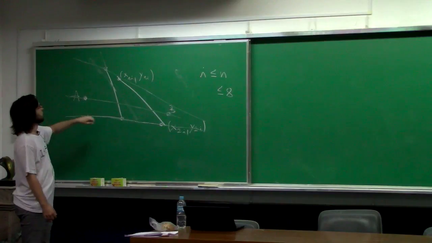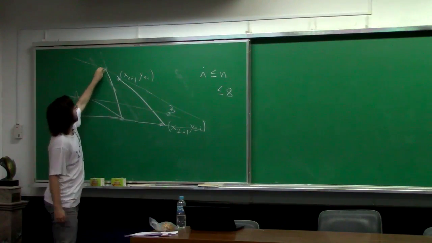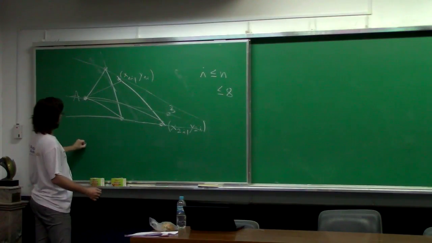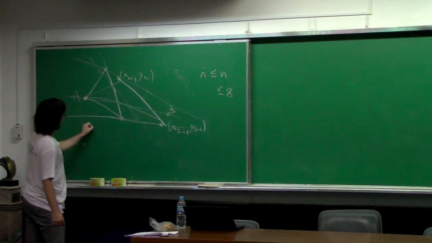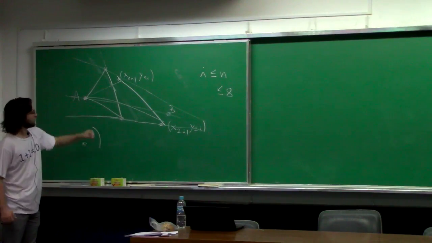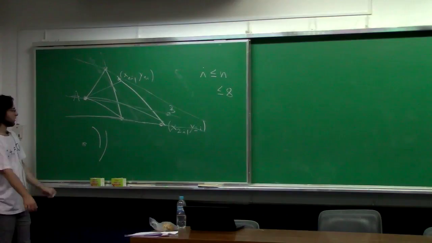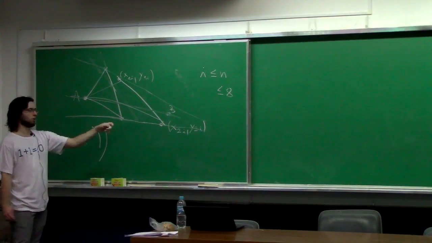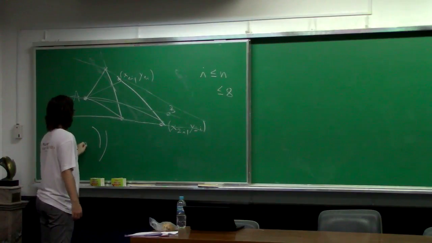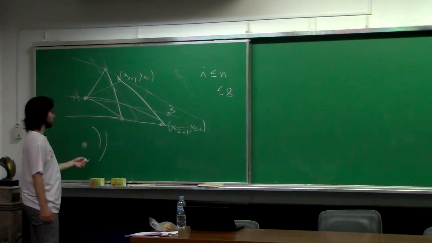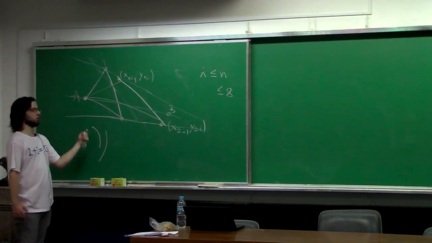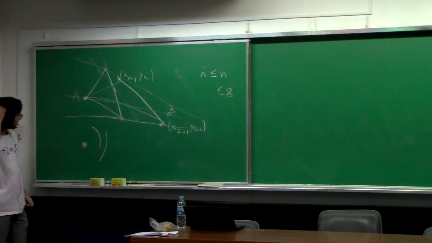So if Alice sees, for example, this obstacle under this range of angles and this obstacle under this range of angles, so from Alice's point there is an obstacle that covers this range of angles, and then there is an obstacle which covers this, then Bob should find some angle under which Alice sees him behind as many obstacles as possible, so some point which is covered by as many of these ranges of angles as possible.